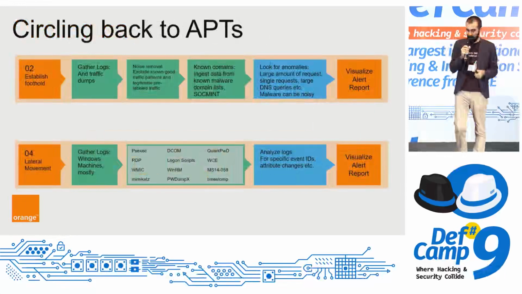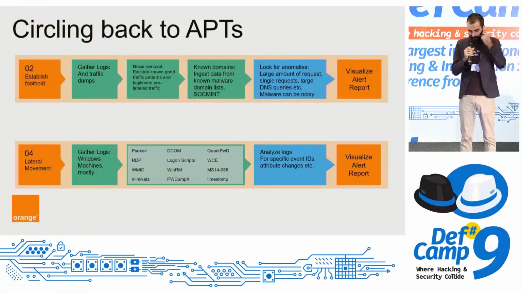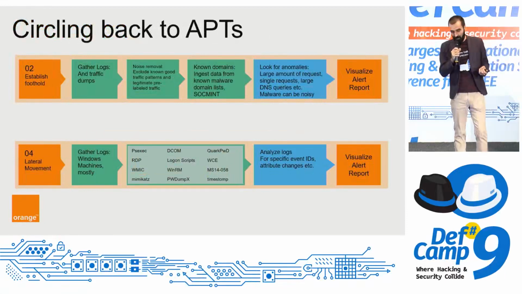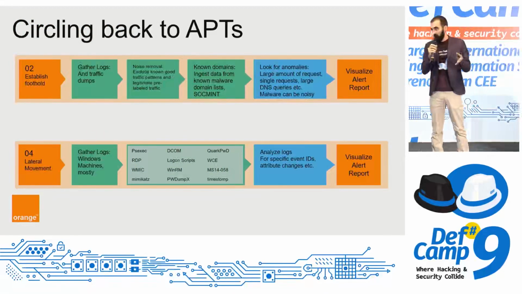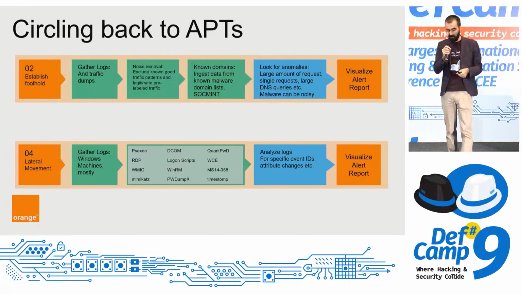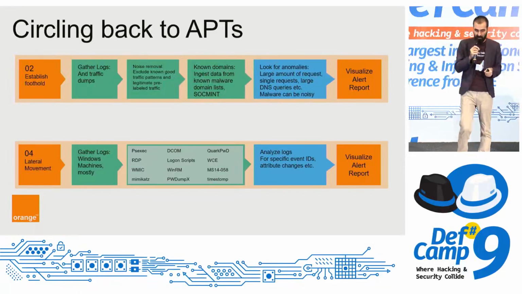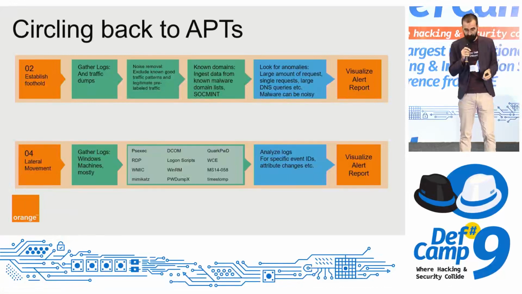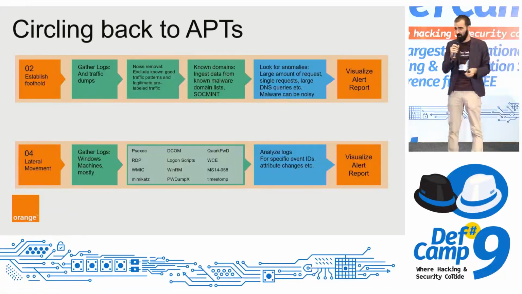And circling back to APTs. I mentioned that there are maybe 6 or 7 stages that a complex threat uses in order to complete its mission. And 2 of them are establishing the foothold in your network, in your infrastructure, and lateral movement.